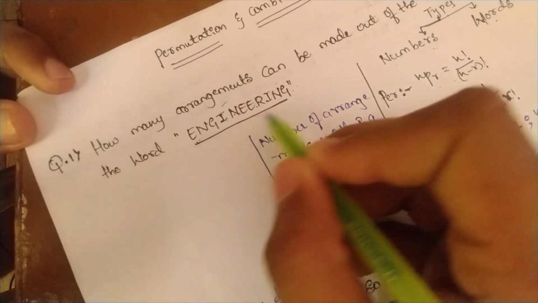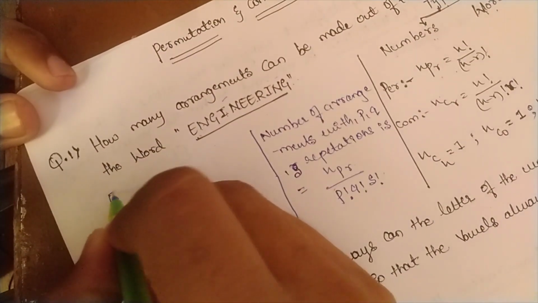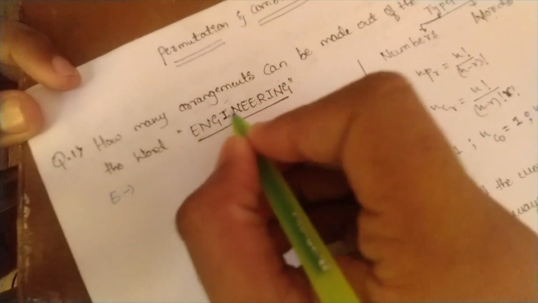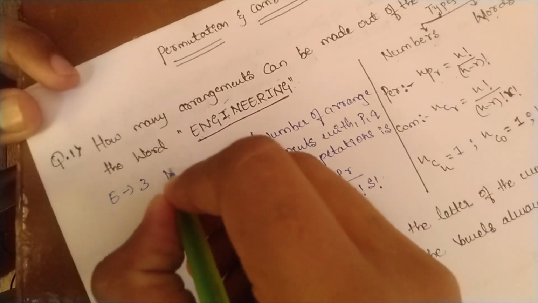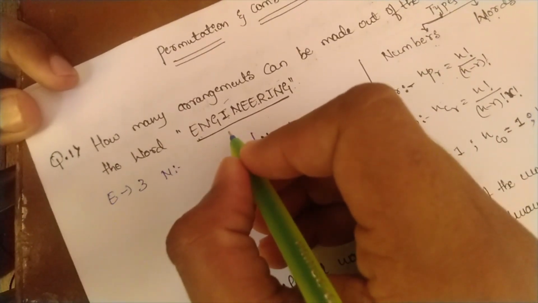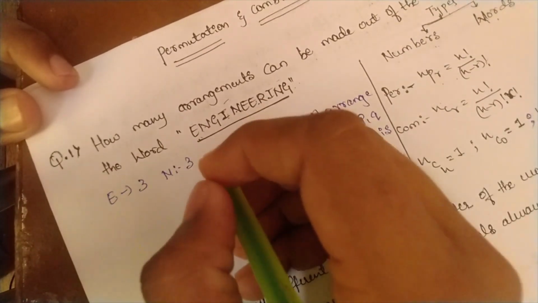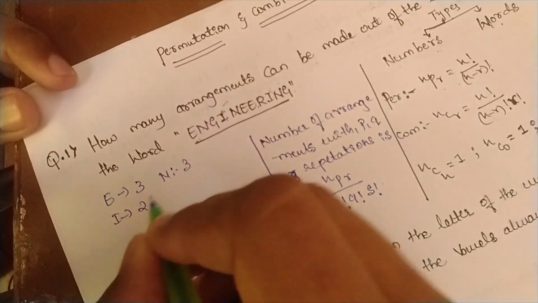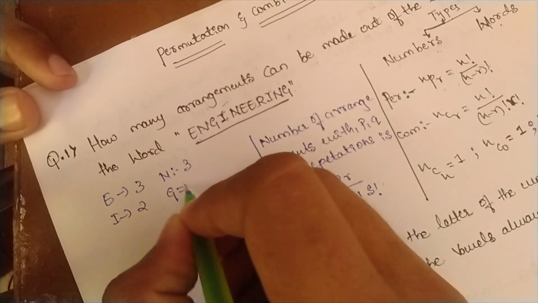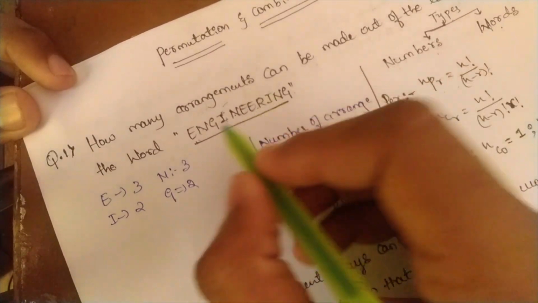In the word engineering, E is repeated 3 times, N is repeated 3 times, I is repeated 2 times, and G is also repeated 2 times.